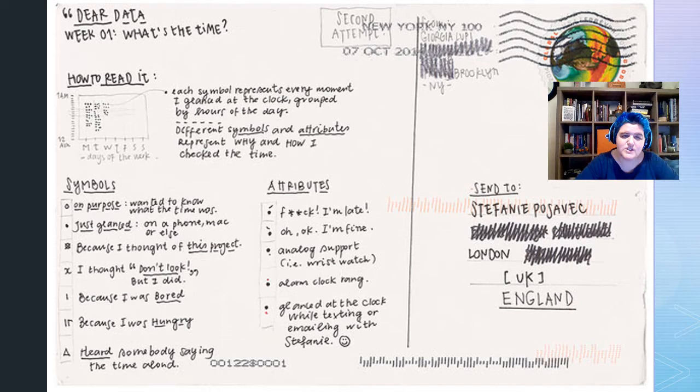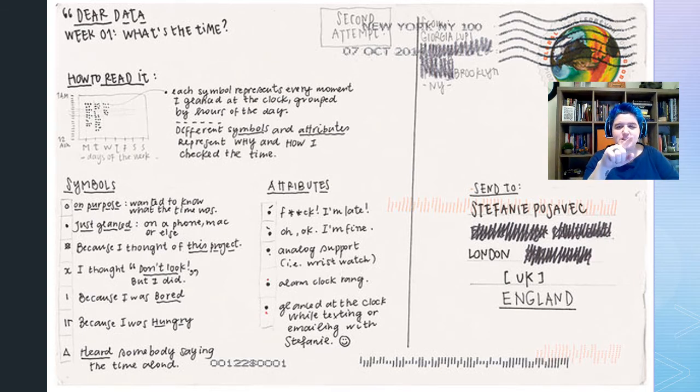She was tracking when she checked the time, what day of the week it was, why she was checking it, and how she felt about it, whether she was late or not late, etc.